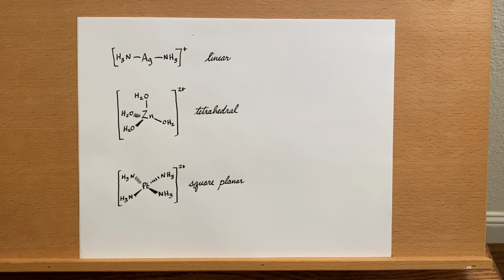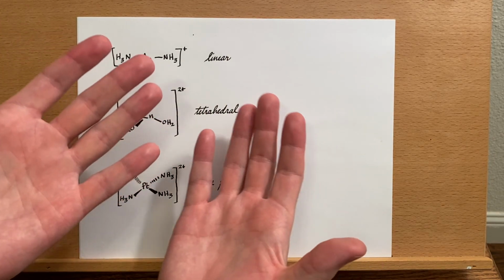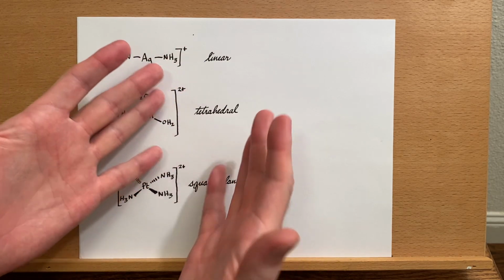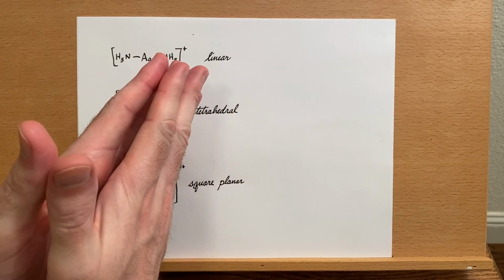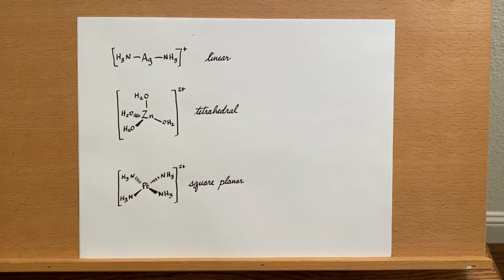But it is interesting that Werner was an organic chemist, and he was interested in chiral compounds, that is, compounds that had a right and a left hand, so that they're non-superimposable on each other.